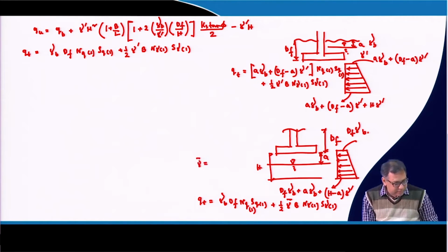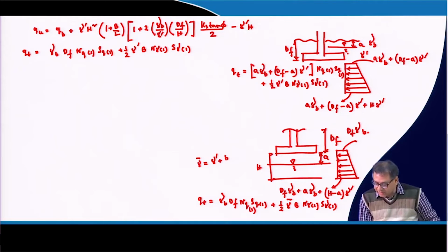Gamma bar is equal to gamma dash plus b by a, into gamma minus gamma dash. This is the general equation where b is the width of the foundation.